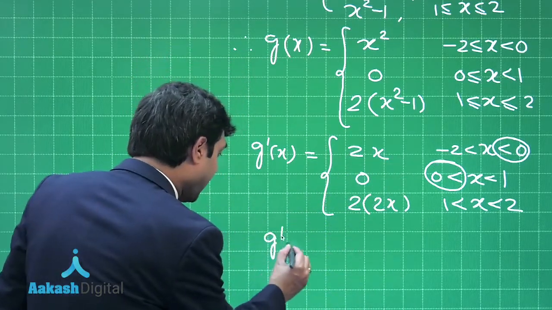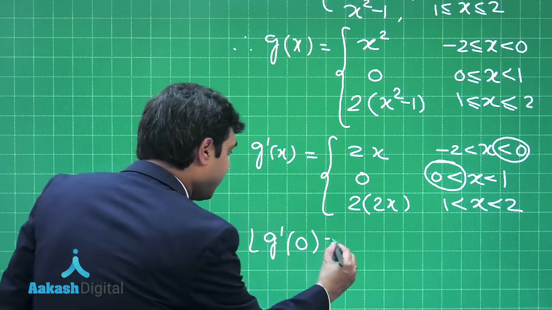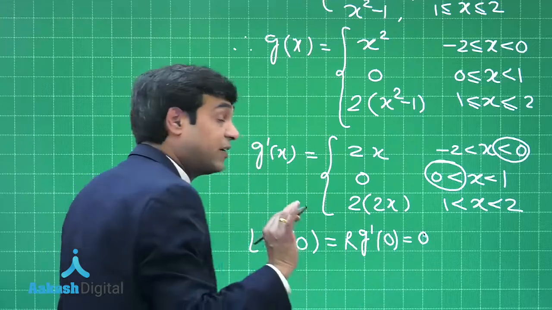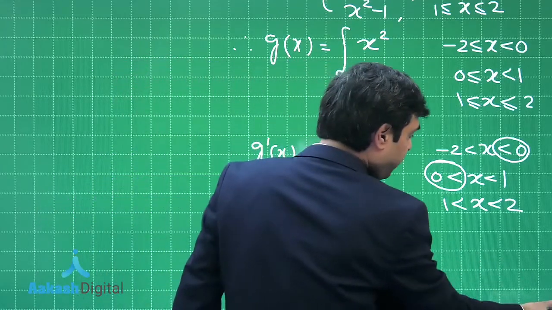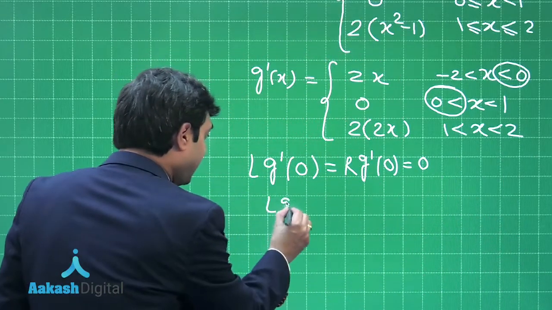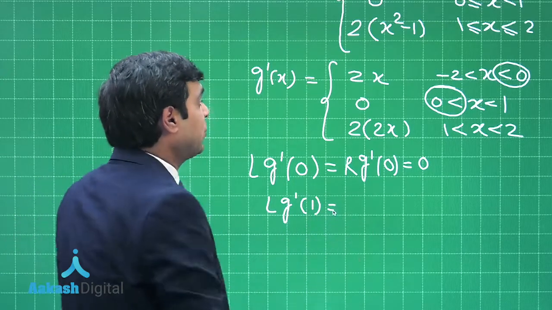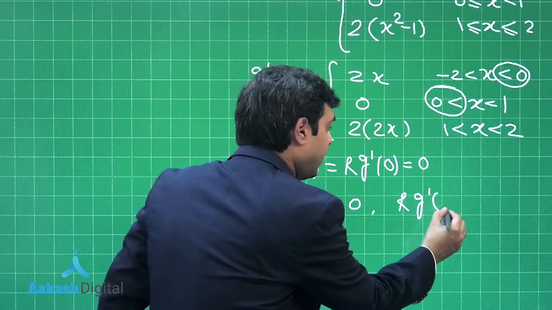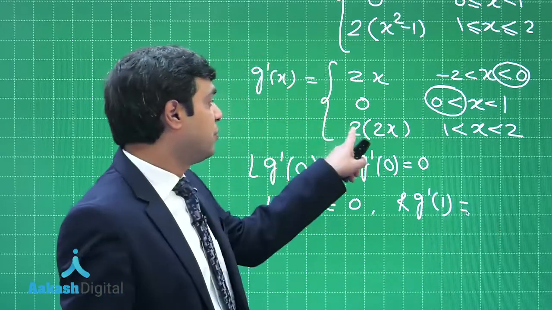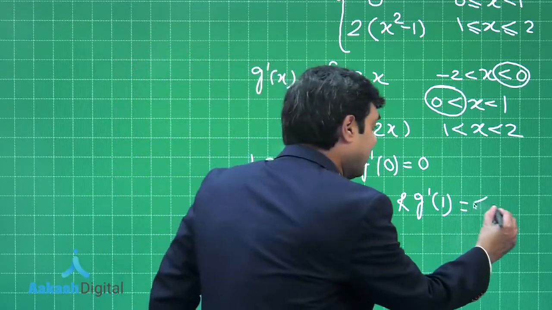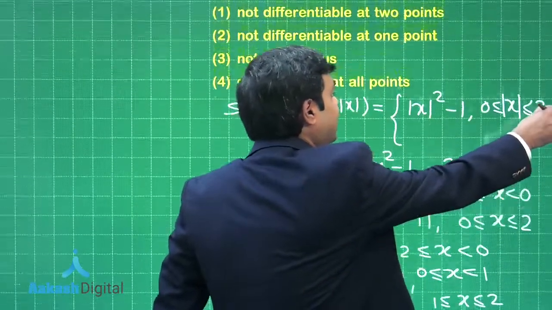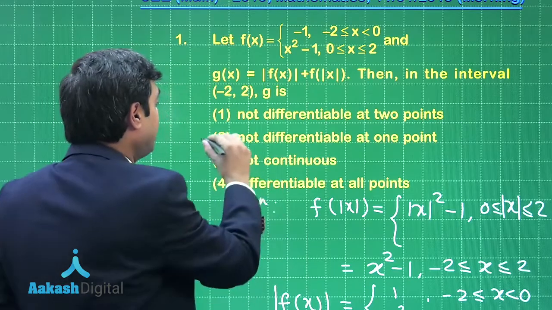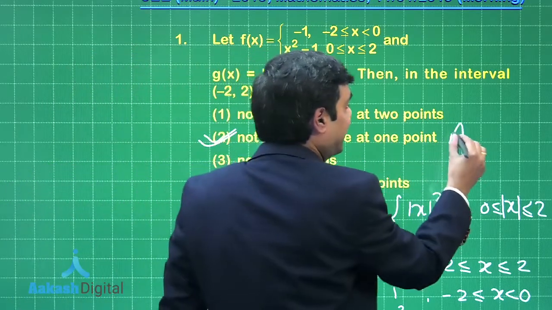So g dash 0 left hand derivative as well as right hand derivative, both are equal, meaning that the function is differentiable. When you move for point 1, left hand derivative at 1, you can see this is 0, while right hand derivative at 1, this is coming to be 4. So clearly the function is not differentiable at x equals 1. So we observe this function is not differentiable at one point, that is option number 2 is the correct answer.